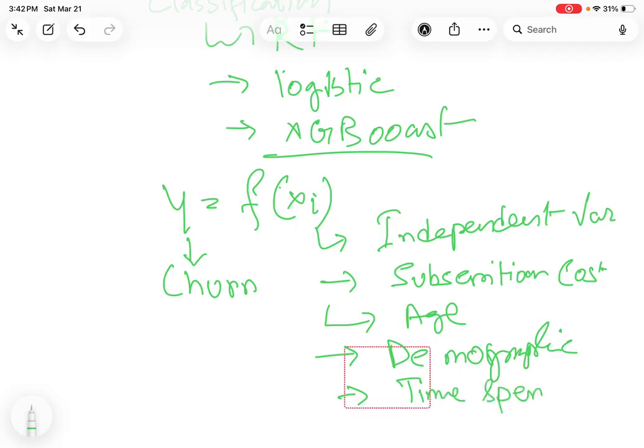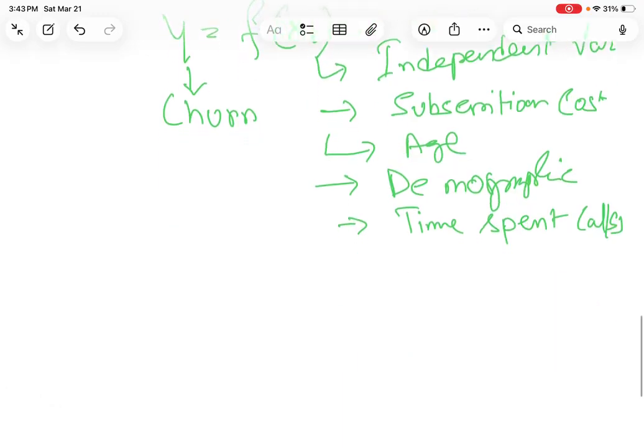Particularly they're looking at how much time they're spending on calls, and their internet consumption, because it's a telco company. Internet consumption. Okay, so anything can be there.